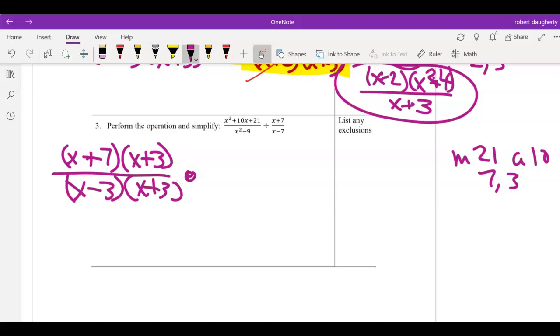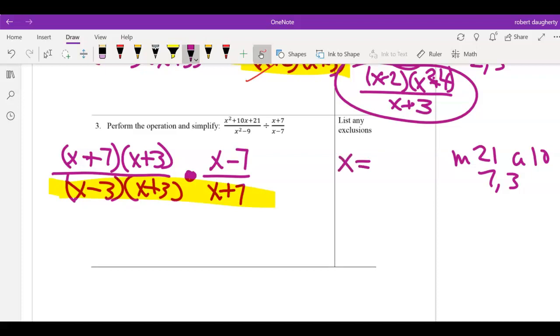Now, change this division into a multiplication. I multiply by the reciprocal, x minus 7 over x plus 7. Before I do any simplification, where do I get my exclusions?